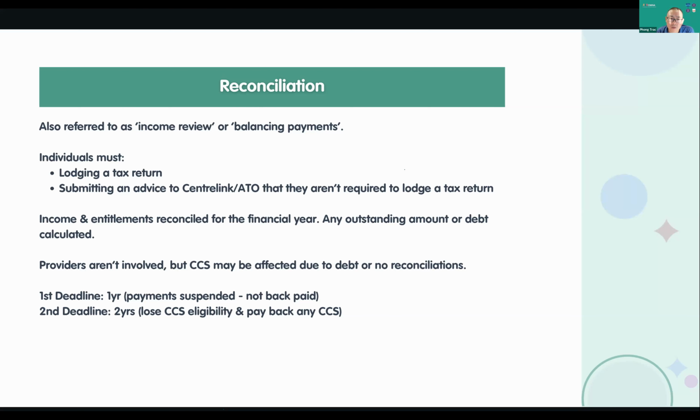If they don't have income, or don't really need to submit a tax return, they just have to provide a notification to Centrelink of that. There's nothing you can specifically do other than be aware that balancing can occur and can affect payments made by CCS, or in the worst case scenario, they can stop them altogether and that won't be back paid.